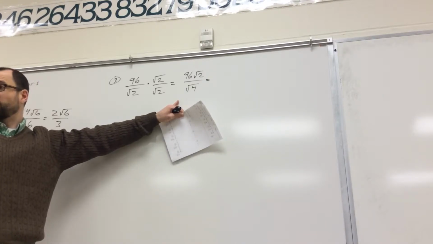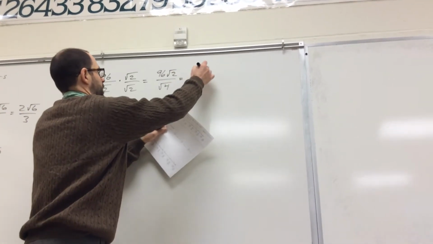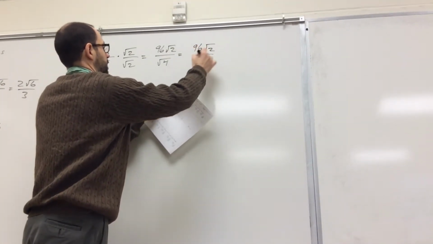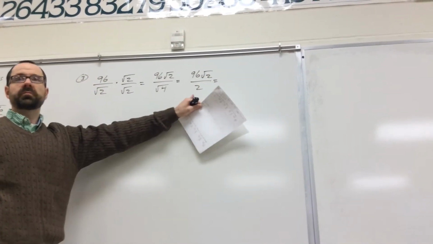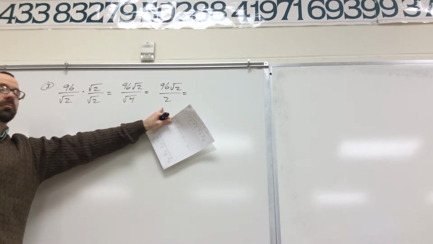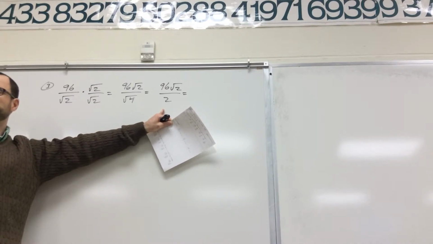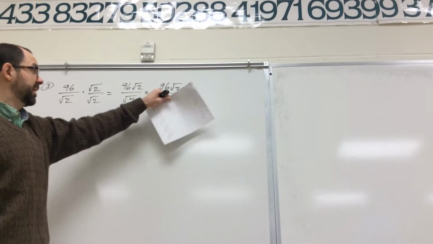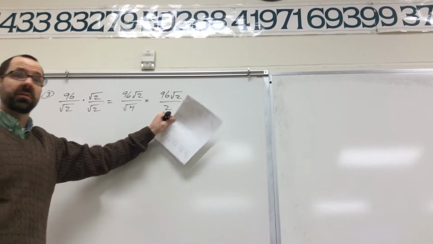And then the square root of 4 comes out to 2. Everybody doing okay so far? And then 96 can be divided by 2. So that comes out to 48.